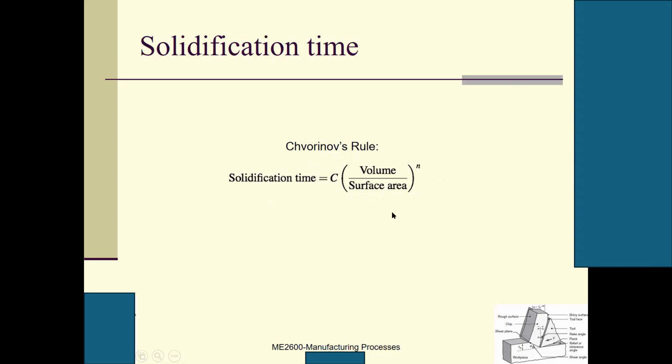As I said, this is an empirical rule, formula, equation. If you want to get an accurate solidification time, you need to do experiments and use a validated FEM model to predict the solidification time. That's another story.